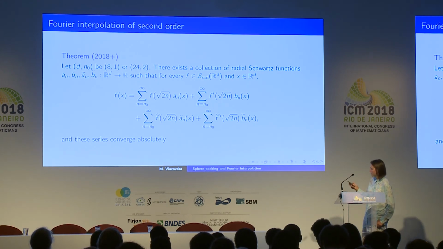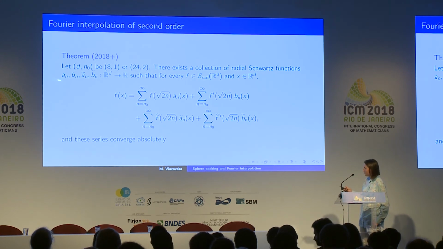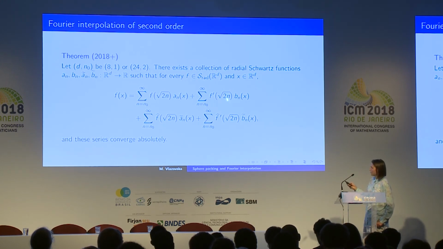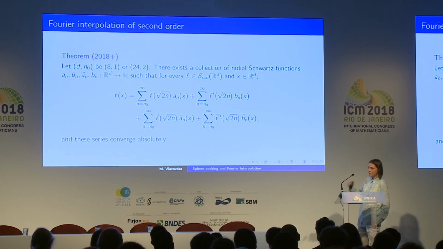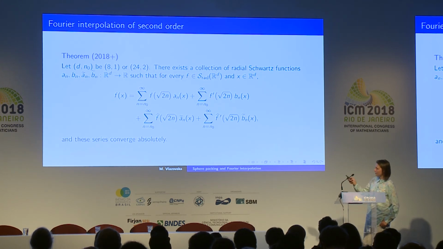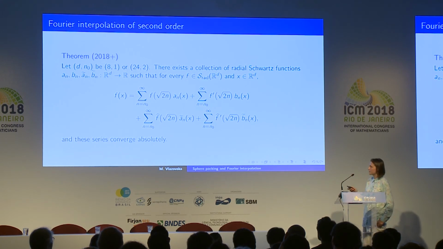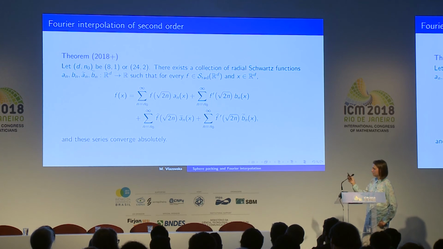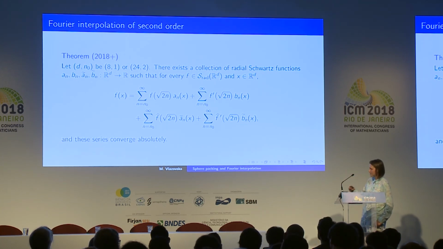Moreover, if we fix some possible values of f, then since it's a Schwarz function, the sequence of values has to decay faster than any inverse power. Then we can also construct, just from this formula, some function f, and we prove that this function will also be a Schwarz function. So it is an isomorphism between two linear spaces: Schwarz functions and fast decaying sequences.